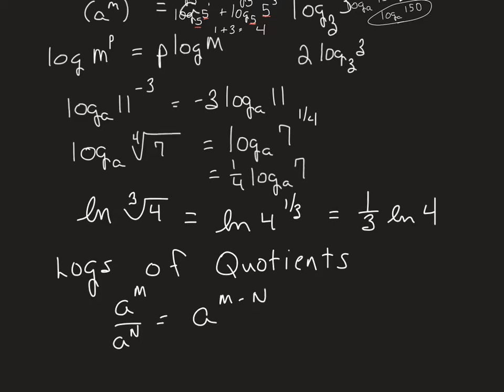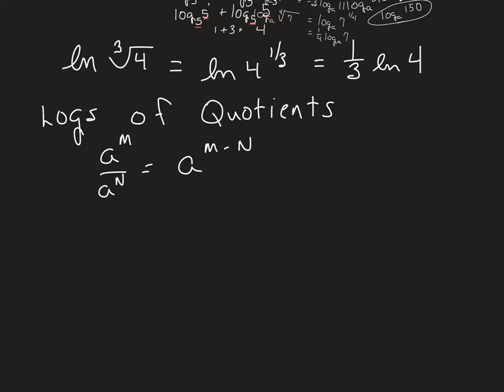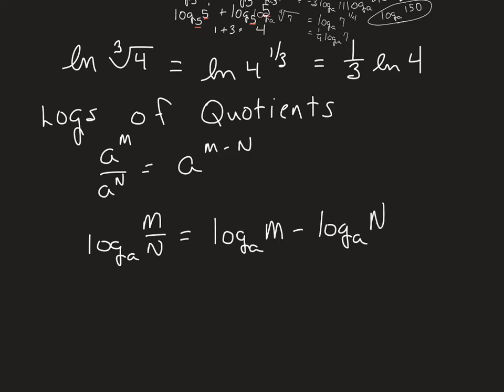And we will use that same idea with logarithms. If we have the log base a of m over n, this becomes, if I expand it, the log base a of m minus the log base a of n.